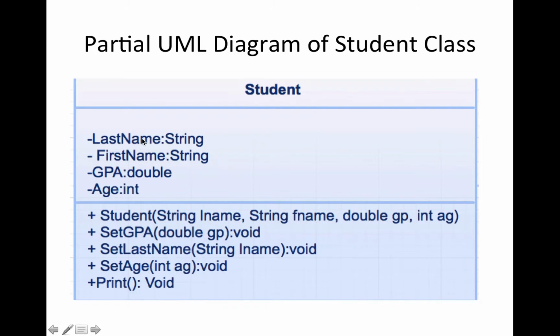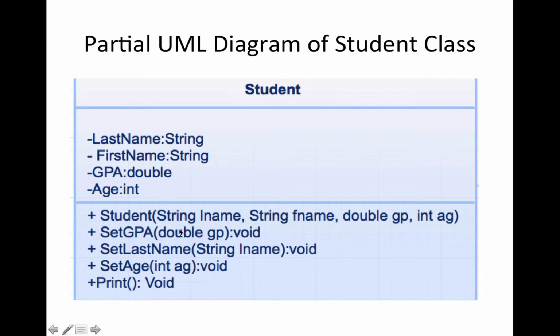LName will initialize this variable, FName will initialize that variable. GP is the double type that will initialize the GPA, and age is the integer type that will initialize that. And then we have three mutators, set GPA, set last name, and set age, and a print method. Obviously you can add more, but to illustrate the use of invariants in design, this should be enough.